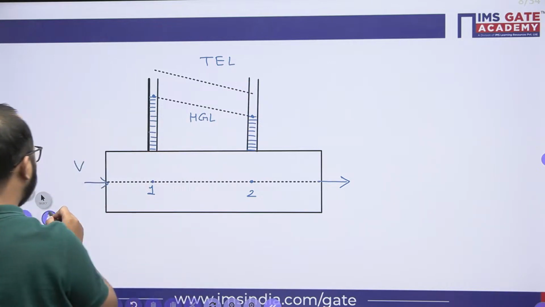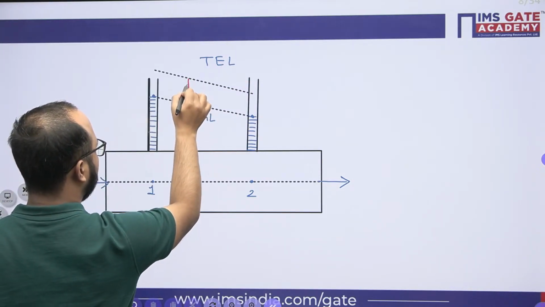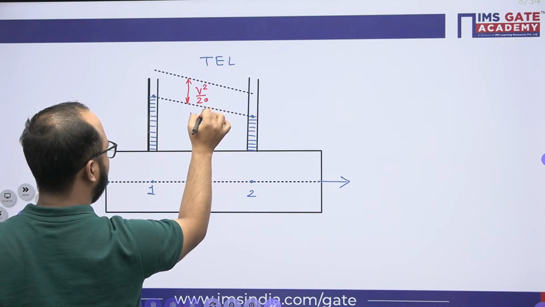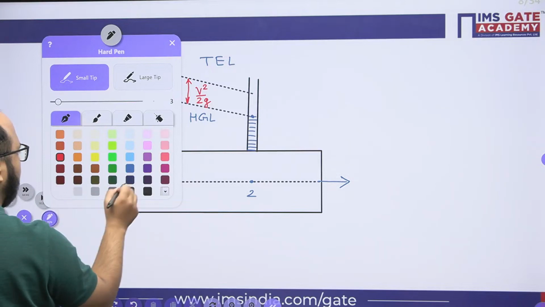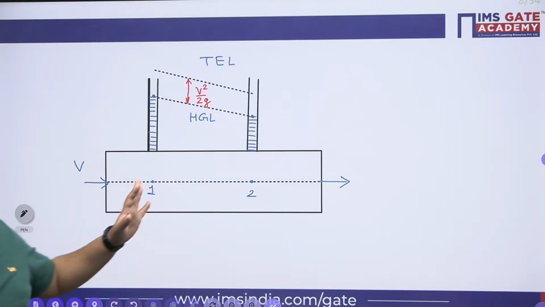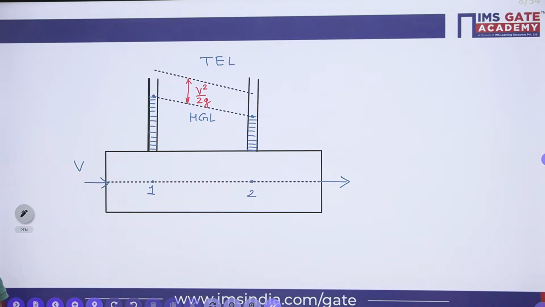Now the difference between these two will be what? Kinetic head, that is V square by 2g. Okay, right? So this is the representation we have for the gradient lines, hydraulic gradient lines and the total energy lines, right?